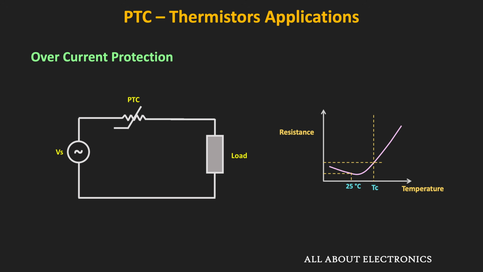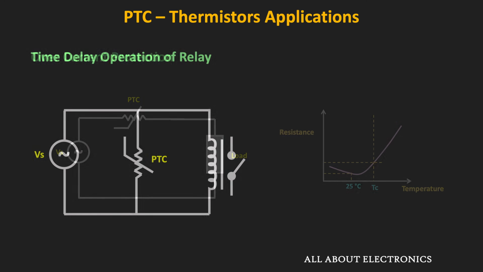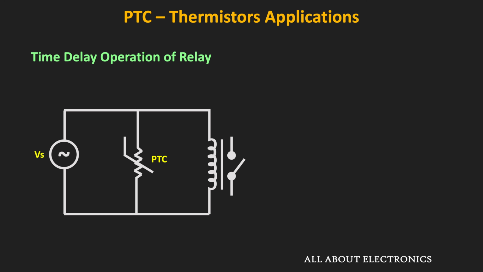Apart from that, they are also used in the applications where the delayed operation of the relay is required. For that, this PTC thermistor is connected in parallel with the relay circuit. Whenever the voltage is applied to the relay circuit, initially the current will flow through the PTC thermistor, because initially it provides low resistance. That is why most of the current will flow through the PTC thermistor.